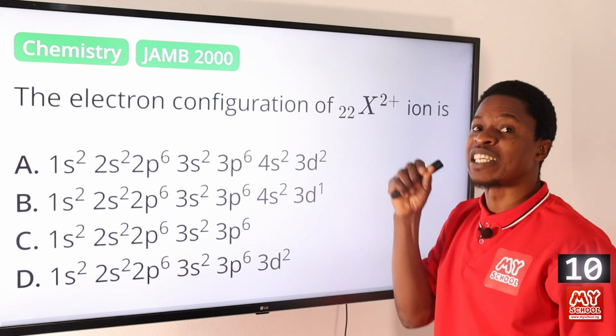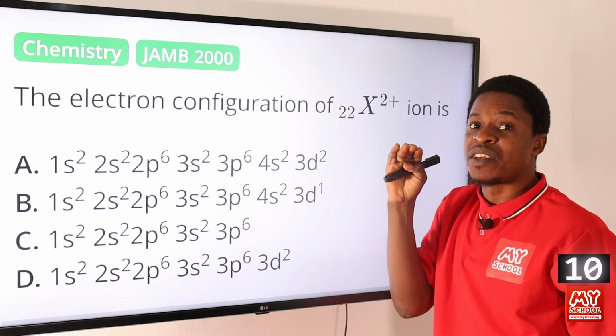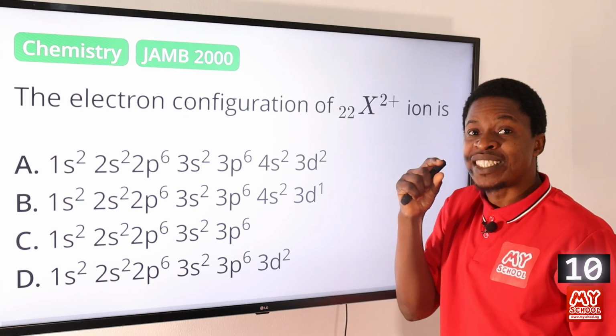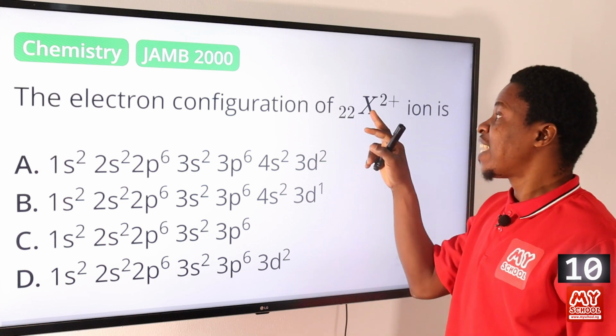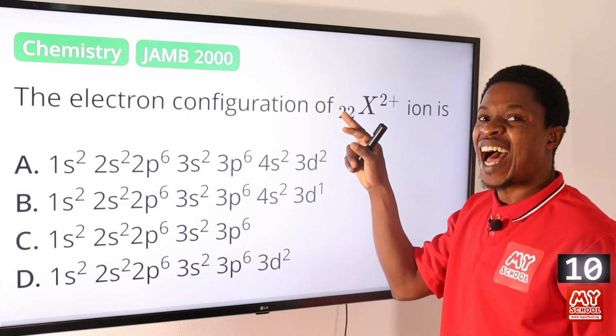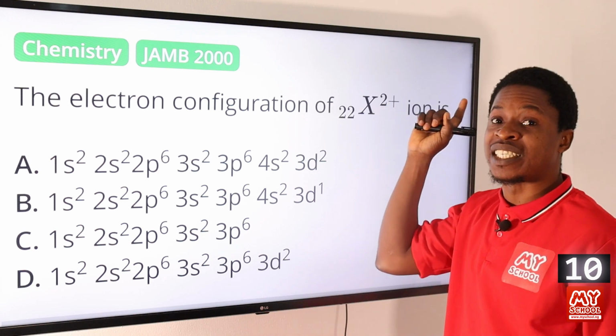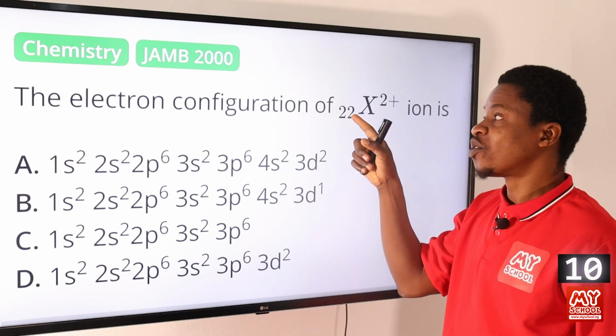So instead of 22, we will have 20 electrons left. So this element has 22 protons now and 20 electrons, because 2 electrons have been given out already out of this 22.